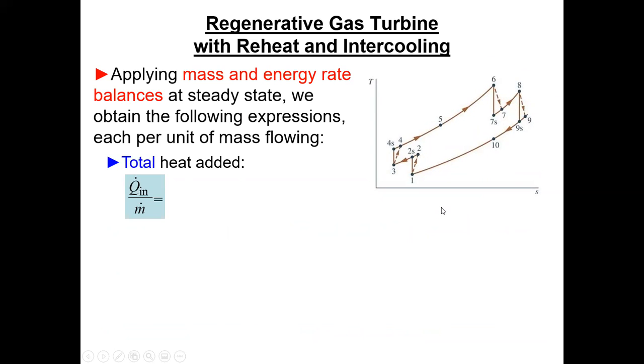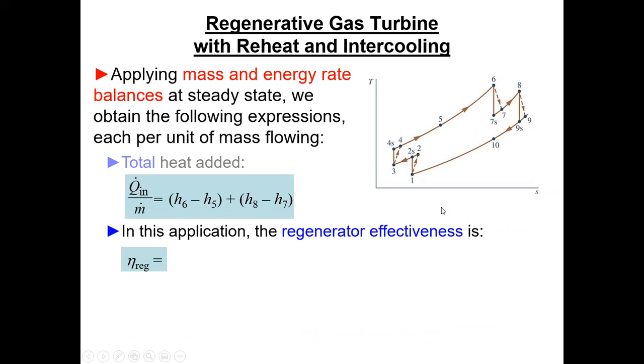Then this is for the heat added. So we've got 2 combustors, so it's H6 minus H5 and H8 minus H7. And regenerator effectiveness in this case, we're coming in at 4, making it to 5, and the potential is 4 to 9, I believe. Yep.